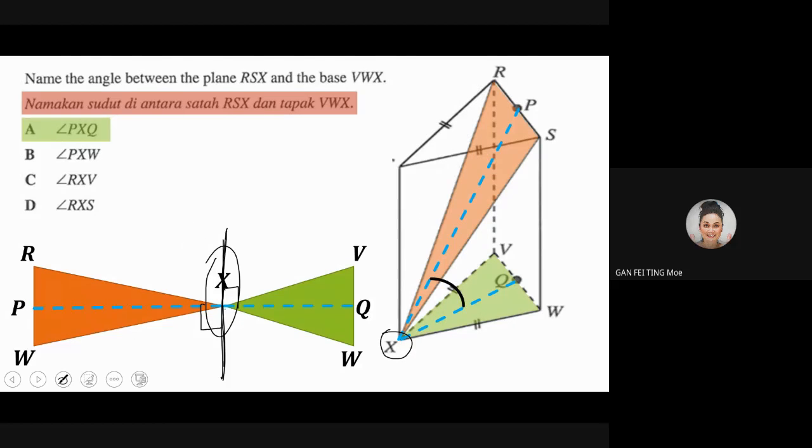Lots of alphabets. In the exam, you might be very tired due to no movement. So you must make sure that you are alert to the letters. Check PXQ, then check PXQ, letter by letter. That will be the question of angle between plane and plane.